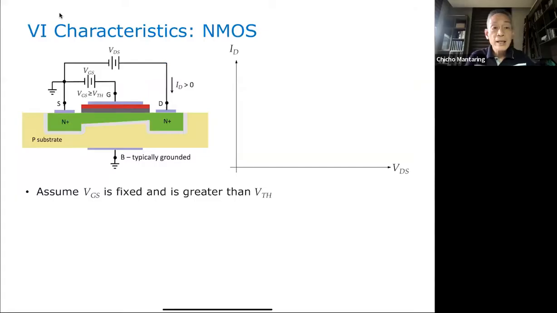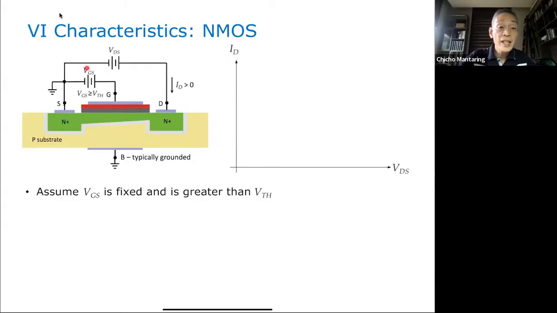Okay, let's discuss the VI characteristics of your NMOS. As I mentioned earlier, we're going to be focusing on the NMOS. What are these characteristics? That is a plot of the current ID that will flow with VDS. So I vary this VDS, and I take a look at the current that will flow when VGS is fixed.